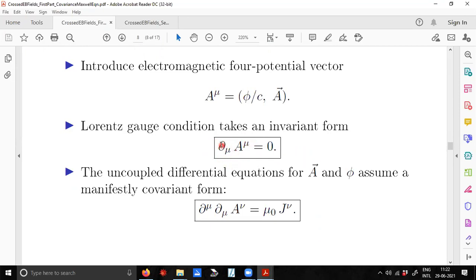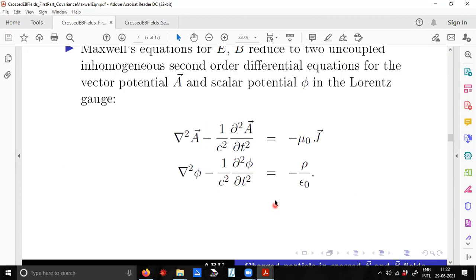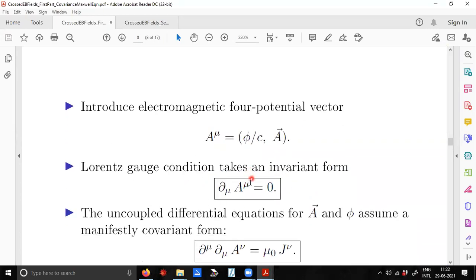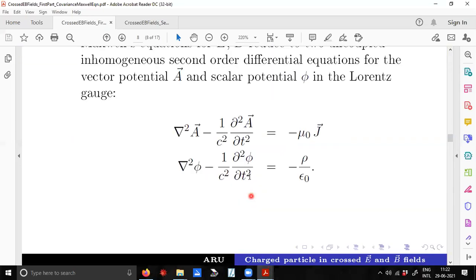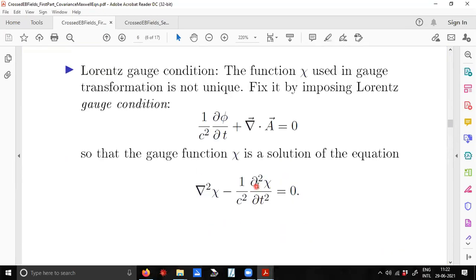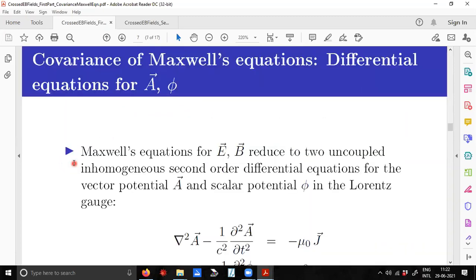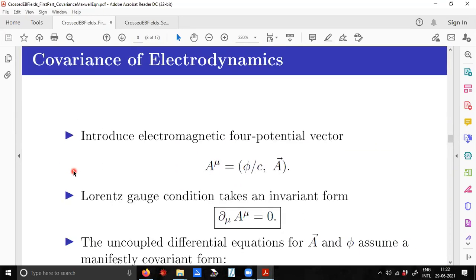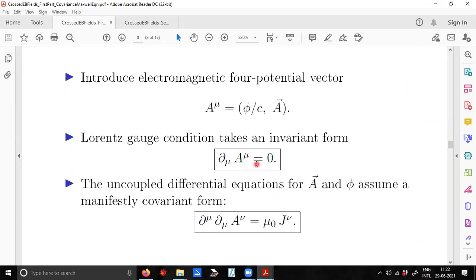Do you know what dou mu is? That is the covariant component of the del operator. You should check it. I have defined all those things here. You have to do this exercise, and this equation is nothing but the Lorentz gauge condition. In other words, the Lorentz gauge condition has a Lorentz covariant form. That's one thing.